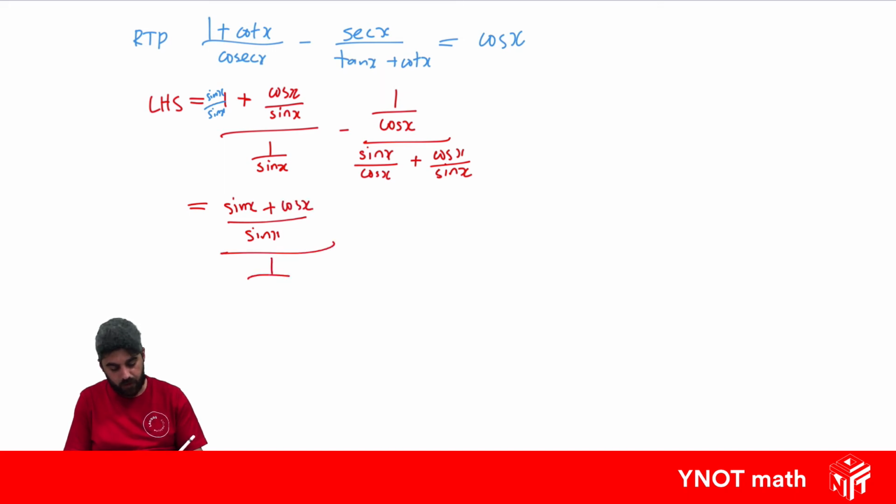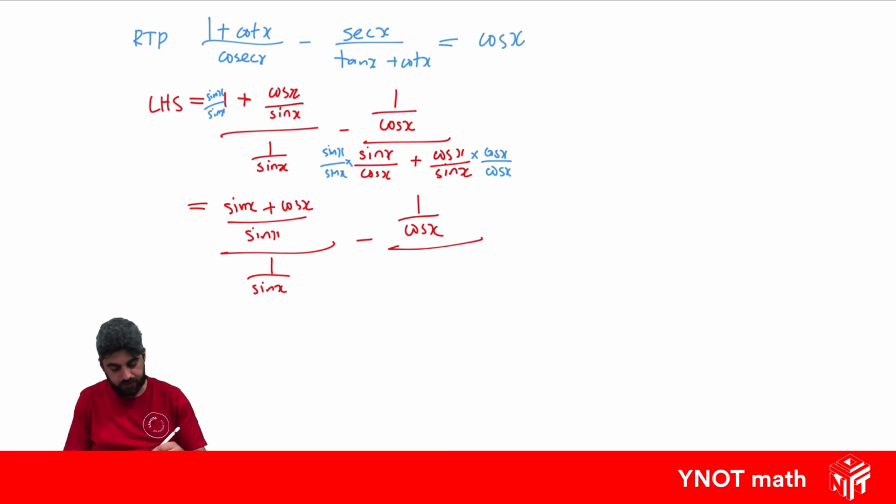And that's all over 1 over sin x minus 1 over cos x, all over. Now, to add these fractions together, we need the same denominator. So to do that, we multiply this numerator by sin x over sin x, and this one by cos x over cos x, because that'll make both denominators sin times cos.